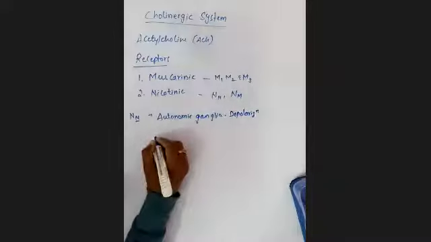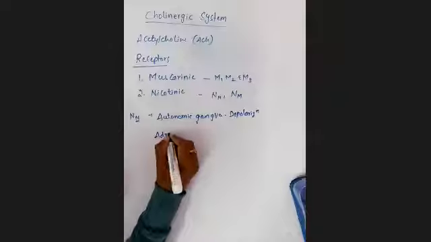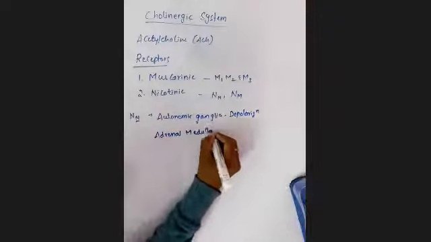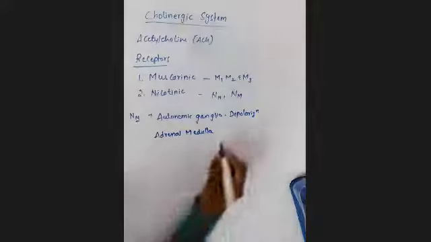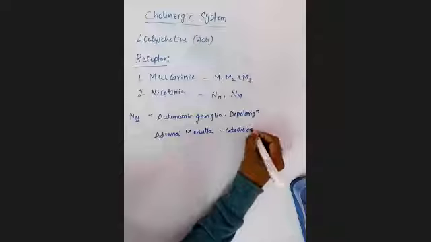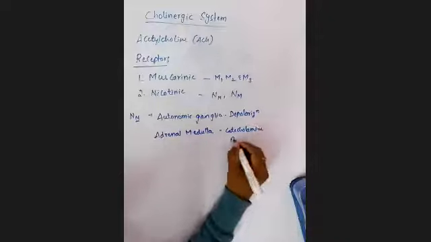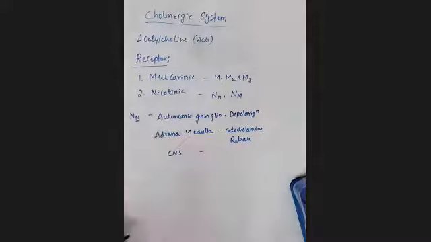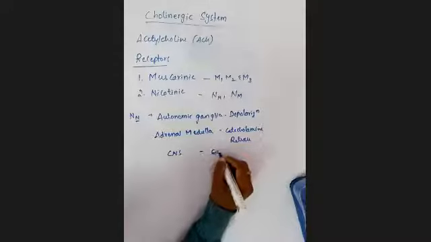Next, it is present in the adrenal medulla, causing catecholamine release, and in the CNS, causing site-specific excitation or inhibition.